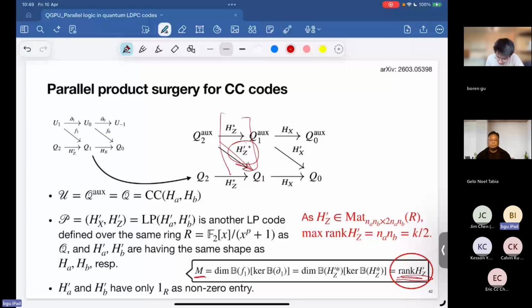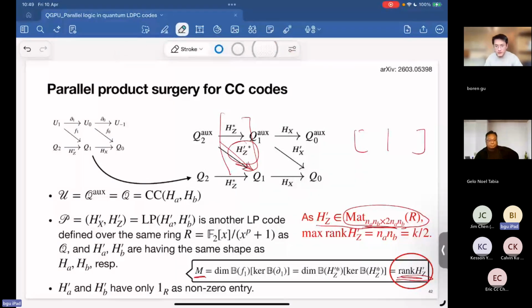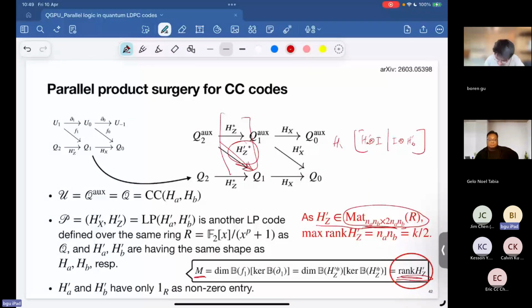And this matrix is of size NA NB times 2 NA NB, which is fairly easy in terms of it being a lifted product code. If you still remember, HA tensor identity, something like this. Oh, so well, this is HX prime, but HZ prime equals identity tensor HB prime.